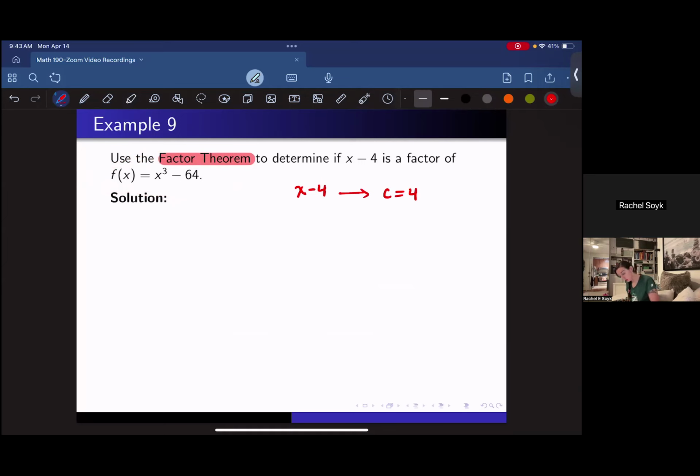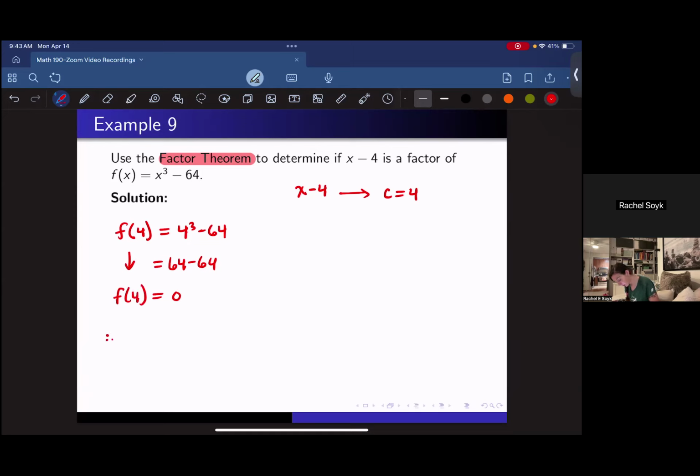So if we plug in and evaluate our function at 4, if we get 0, then it is indeed a factor. 4 to the third is 64. And 64 minus 64, would you look at that? That gives us 0.